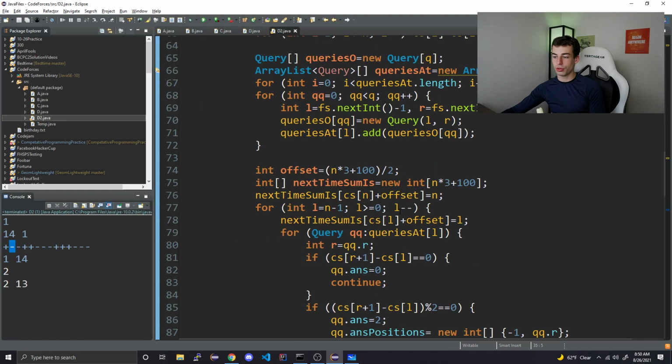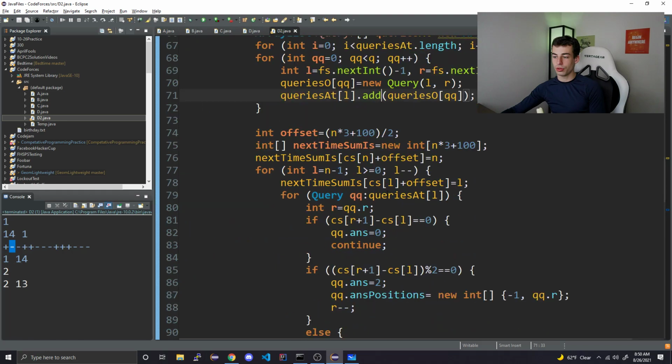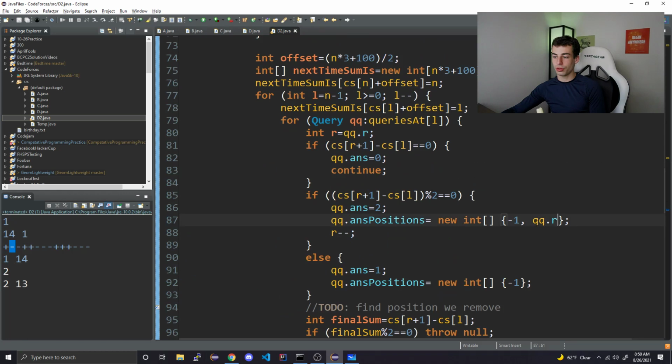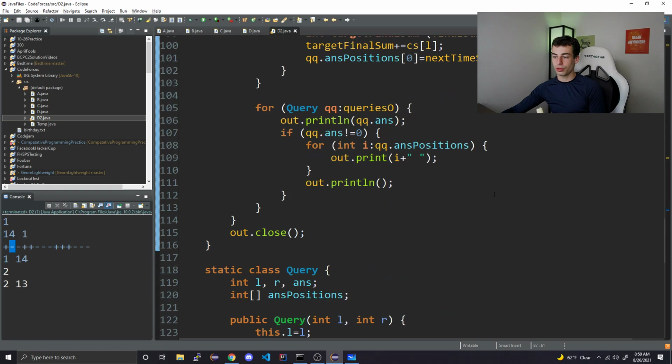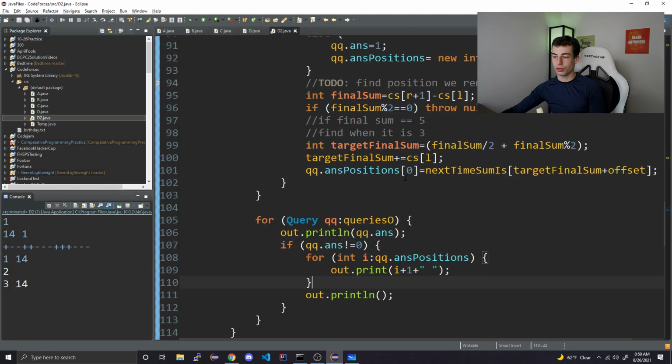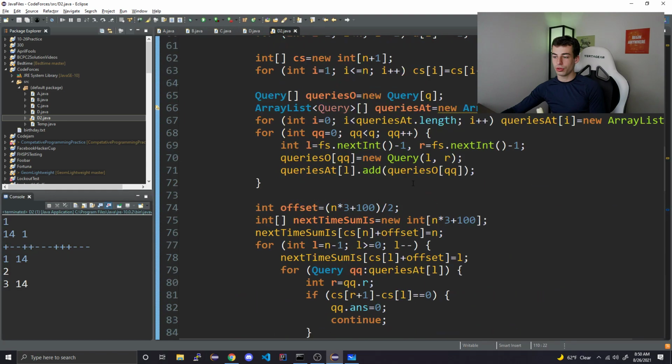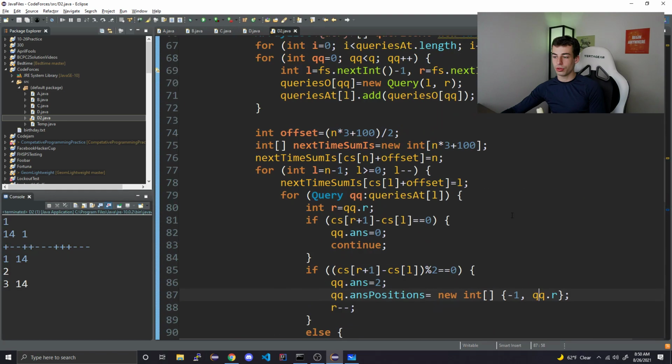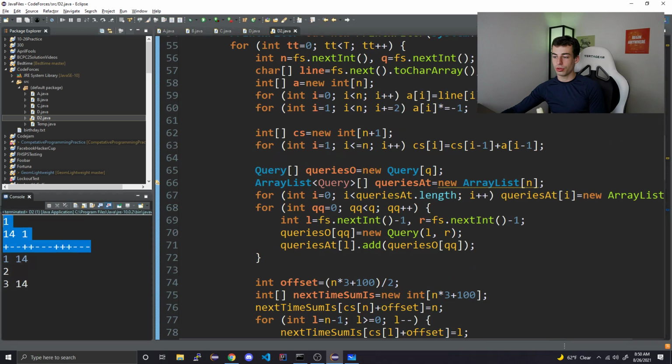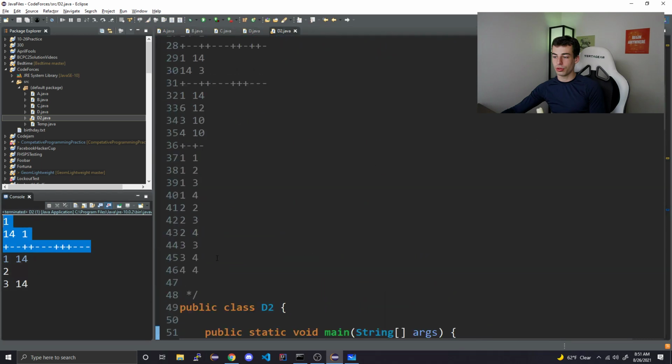This needs to be different. Okay. So yeah, that should be fine. These are all 0 indexed. Does this work?